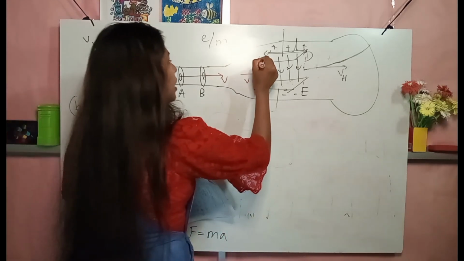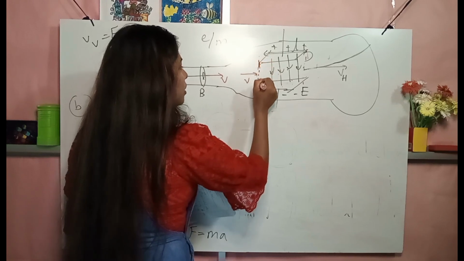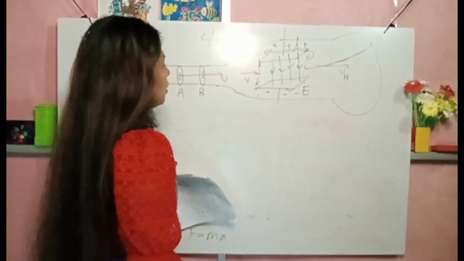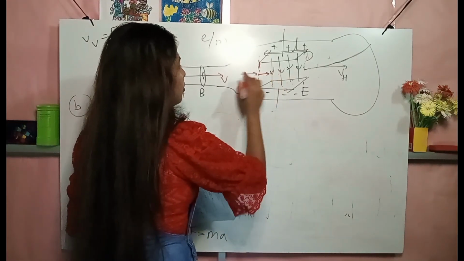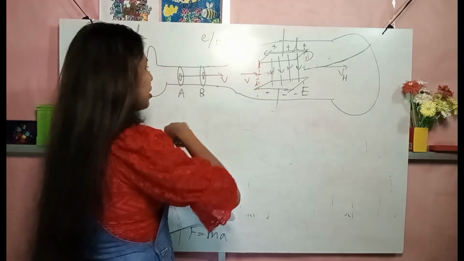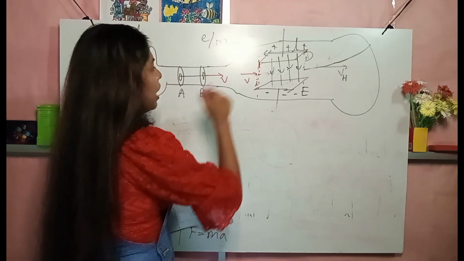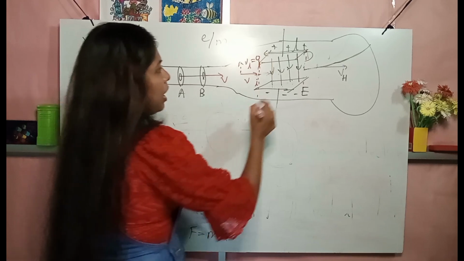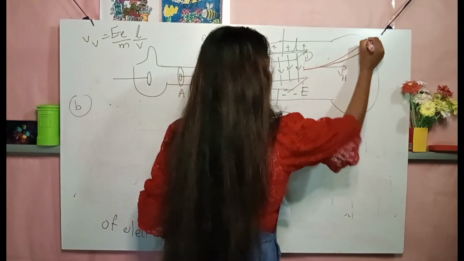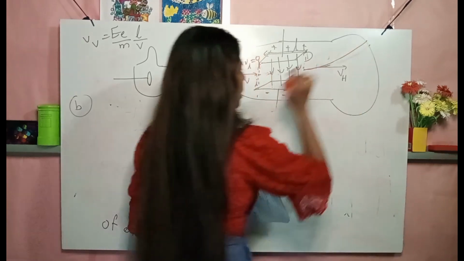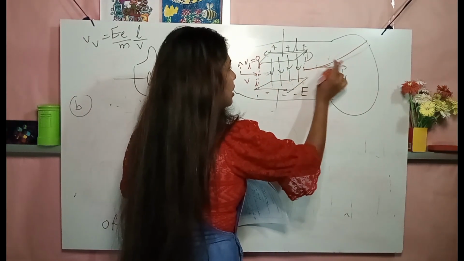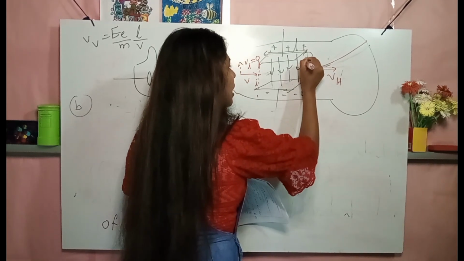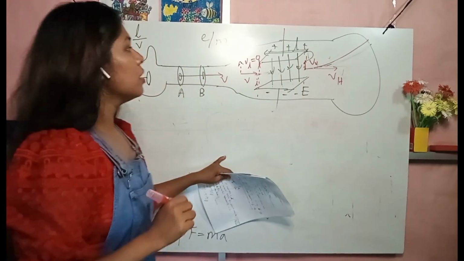Then let's take the initial stage of the motion, before entering the electric field. Here, before it enters the electric field, the horizontal component of the velocity is V, and there is no vertical component of the velocity. And when it ejects from the electric field, it has a horizontal component of velocity as well as a vertical component of velocity.